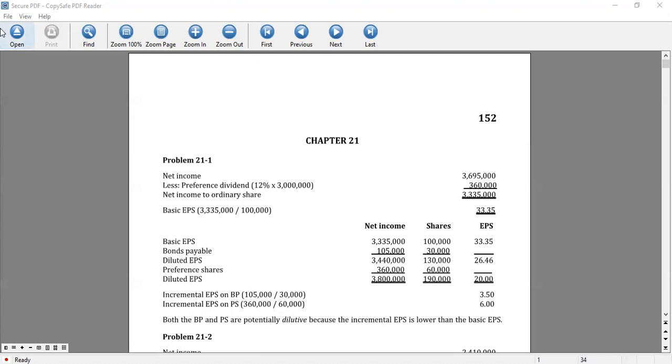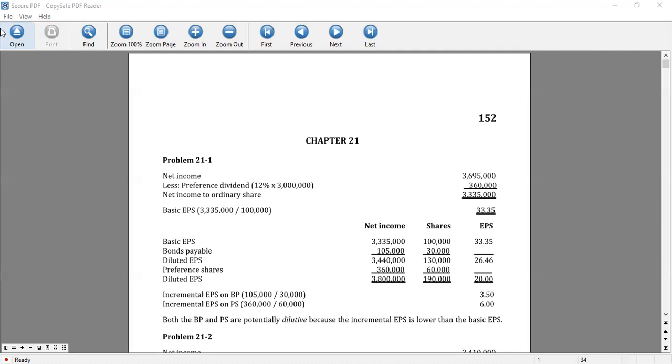and stated this is convertible into ordinary share in the ratio of 2 ordinary shares for 1 preference share. And since you have 30,000 preference shares, 2:1, the number of ordinary shares after the conversion of the preference shares would be 60,000.